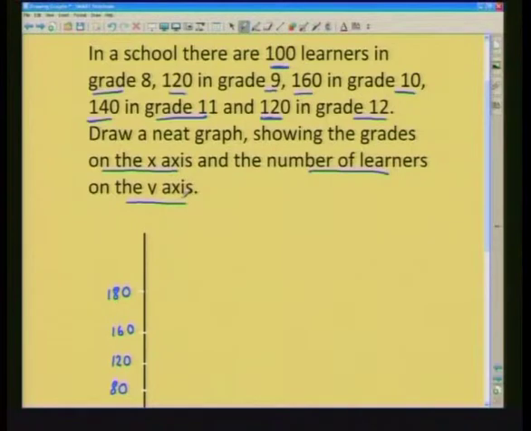So what they've immediately told you is that the grades, which has to be plotted on the x-axis, would be your independent variable, and the number of learners, which we plot on the y-axis, that would be our dependent variable. So the number of learners depends on what grade they are in.